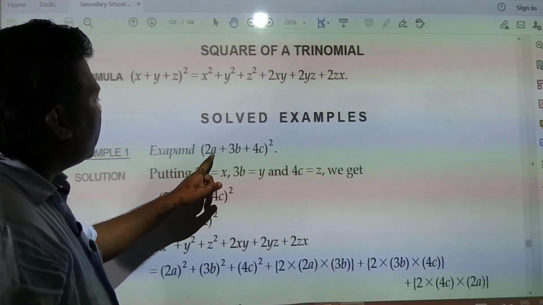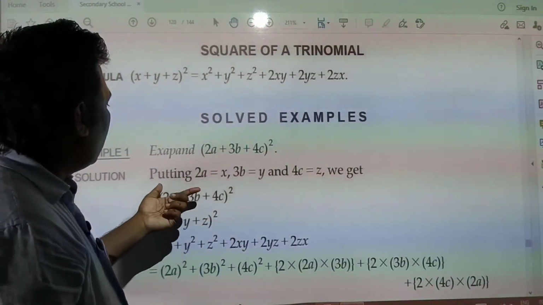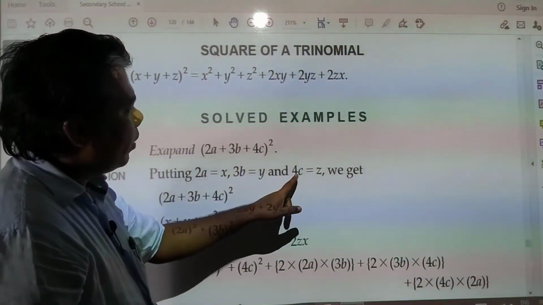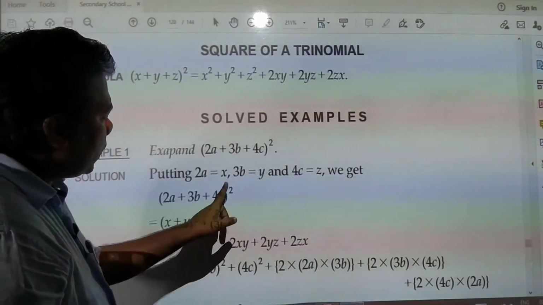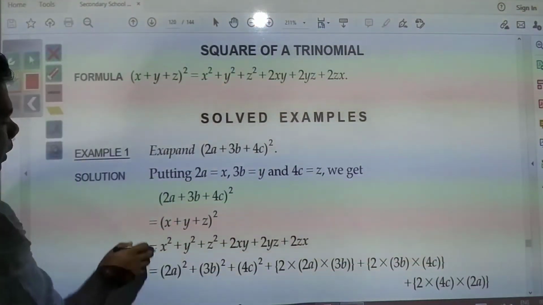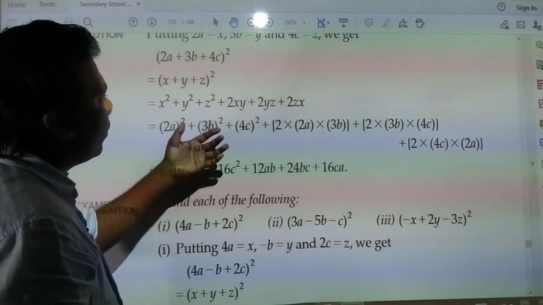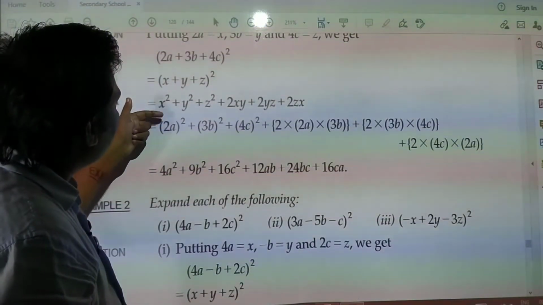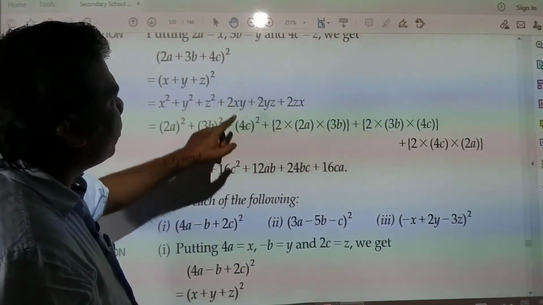Here you see: expand (2a plus 3b plus 4c) whole square. Putting 2a equal to x, 3b equal to y and 4c equal to z, this is in the form (x plus y plus z) whole square. Substituting in the formula, x is equal to 2a, y is equal to 3b and z is equal to 4c.